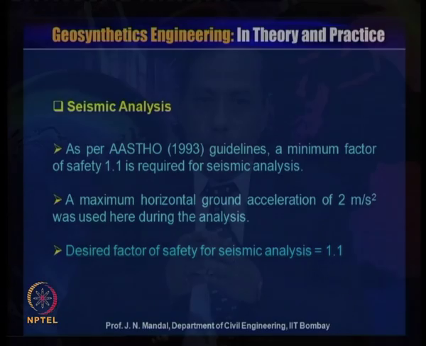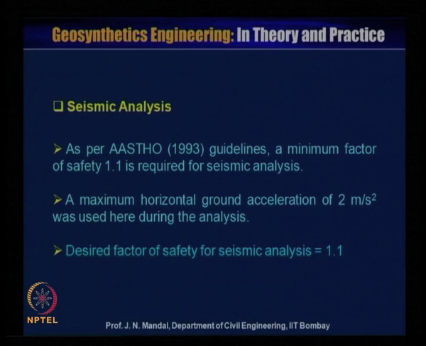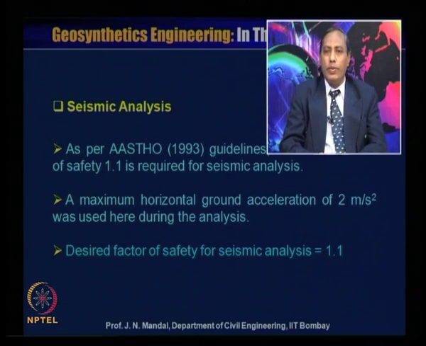Apart from this, it is also essential for the seismic analysis. As per the AASHTO 1993 guideline, a minimum factor of safety of 1.1 is required for seismic analysis. A maximum horizontal ground acceleration of 2 meter per second square was used here during the analysis.